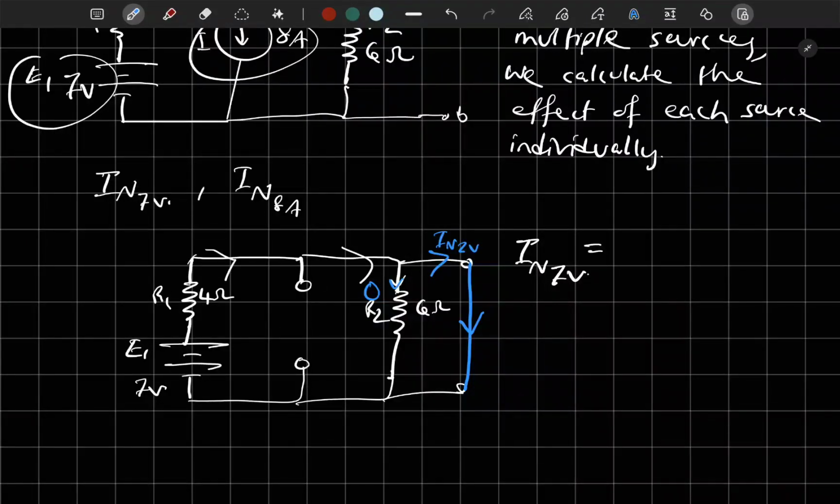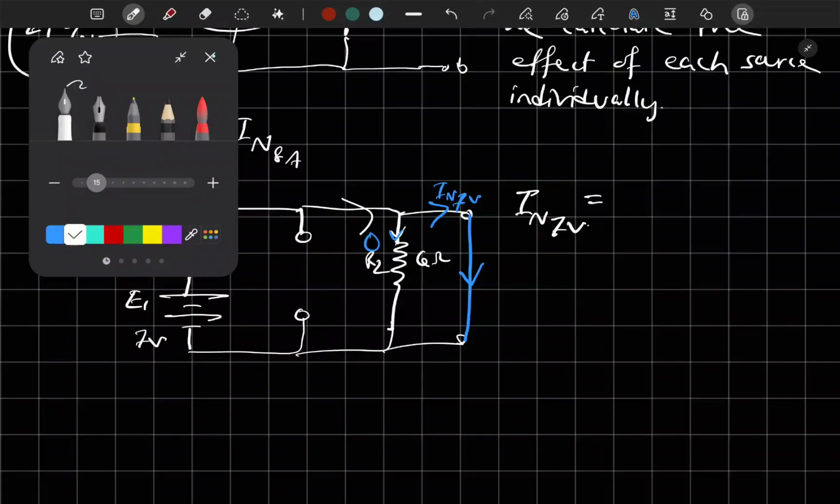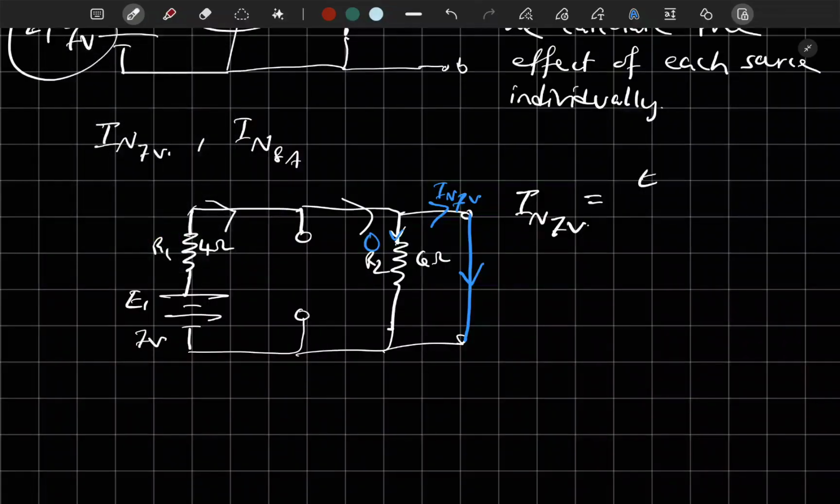So IN 7 volt, everything is here. The only resistor here is R1 4 ohm. So IN 7 volt equals what? E1 over R1. So that's 7 volts over R1 4 ohms. 7 divided by 4. We have 1.75 amperes.